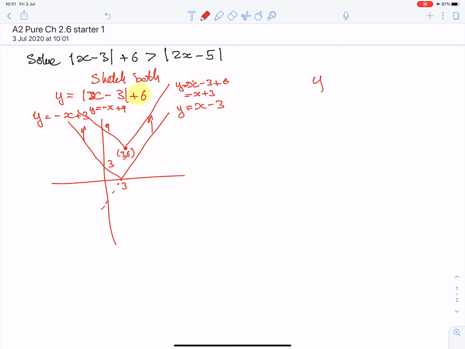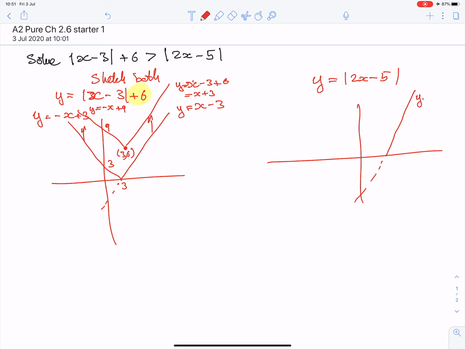Okay, now let's think about y equals the modulus of 2x minus 5. Hopefully, well, this is definitely a little bit easier. So we're going to get the line 2x minus 5, so it's steeper.